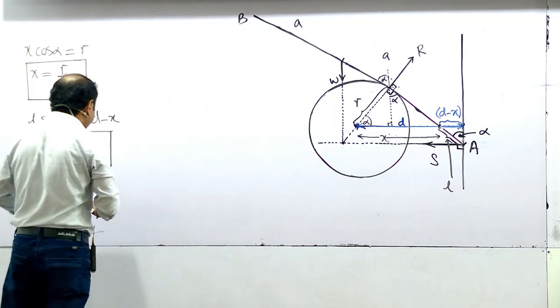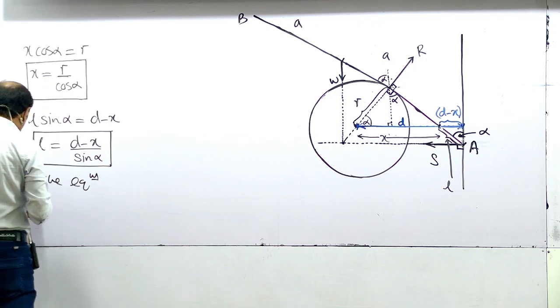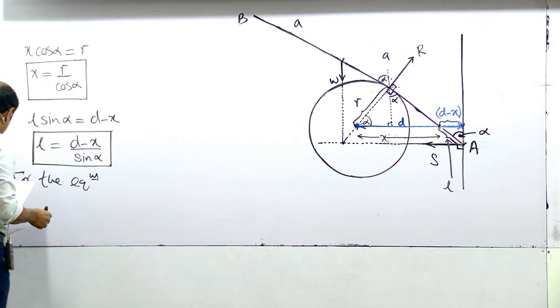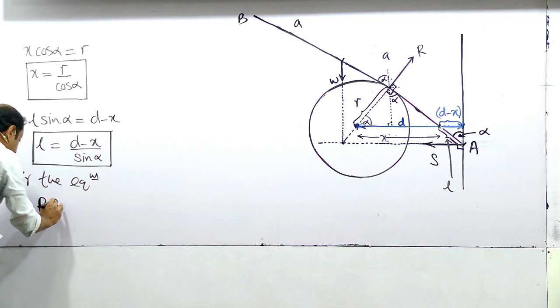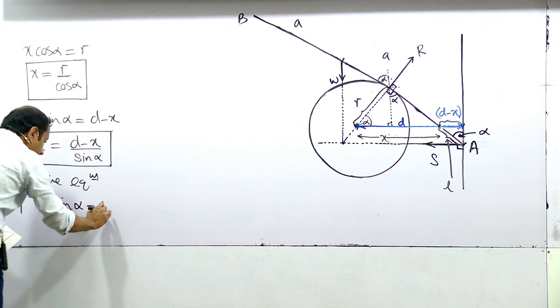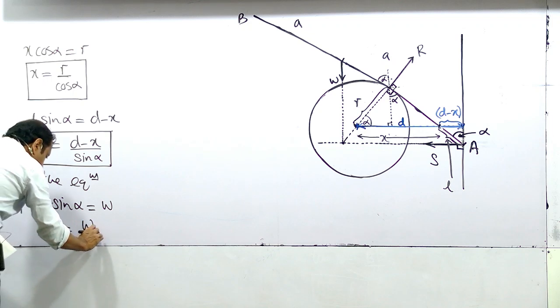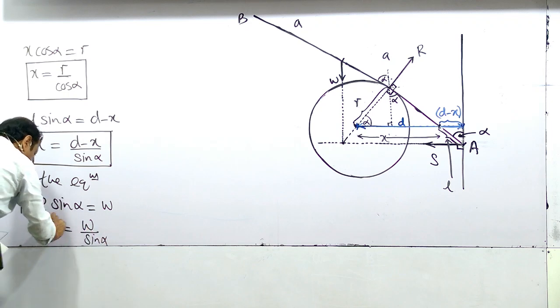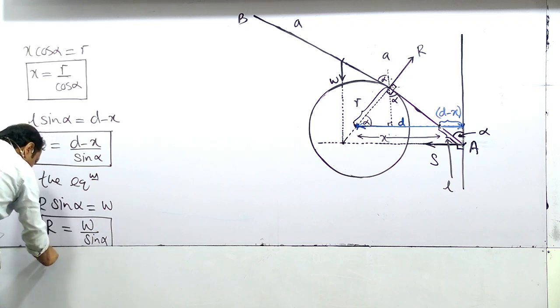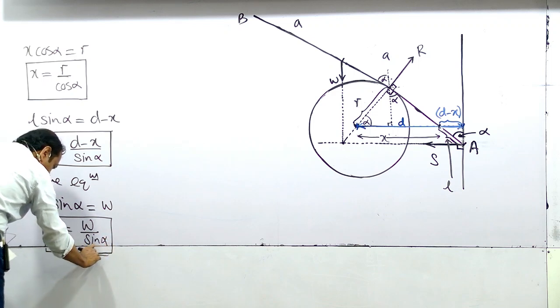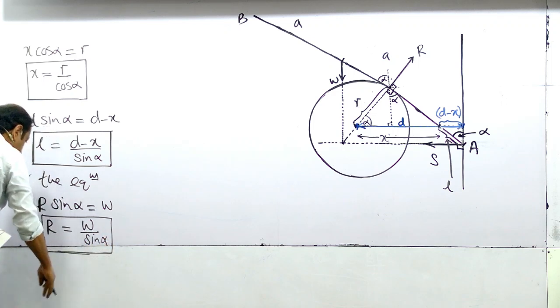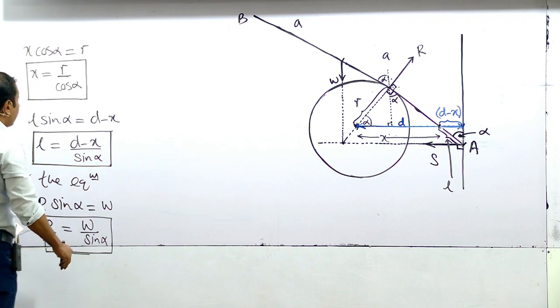Then write down. Resolving upwards, we get R sin alpha equals W. What is R? W over sin alpha. Right. Resolve horizontally.